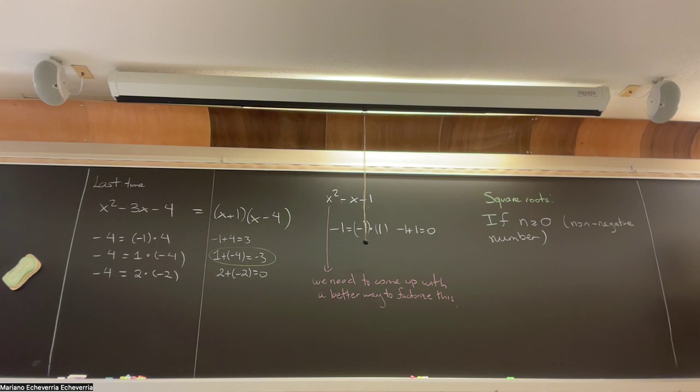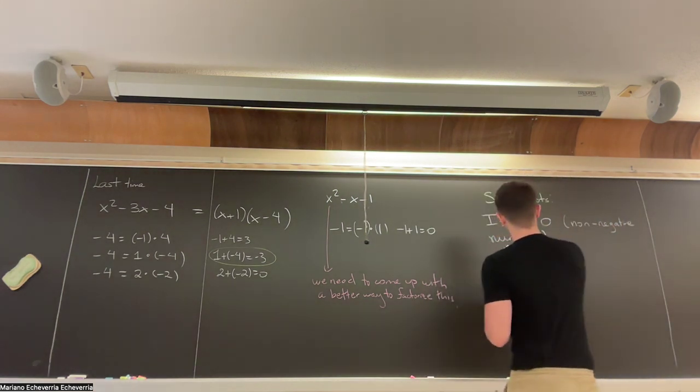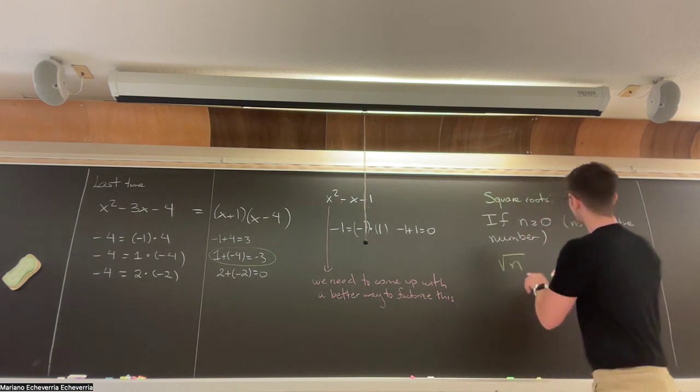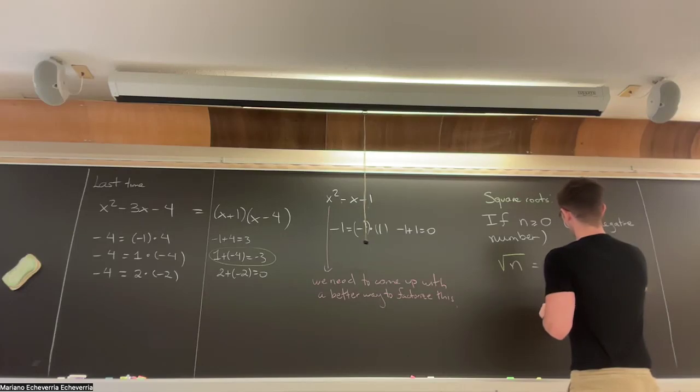When you write the square root of n, what is the square root of n? This is going to be a number whose square equals n. So this is a number.